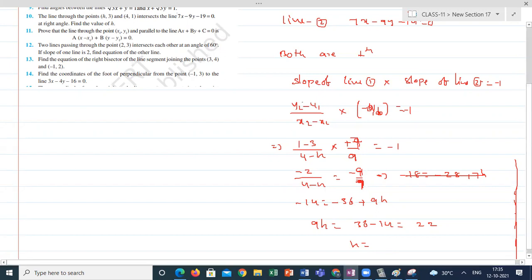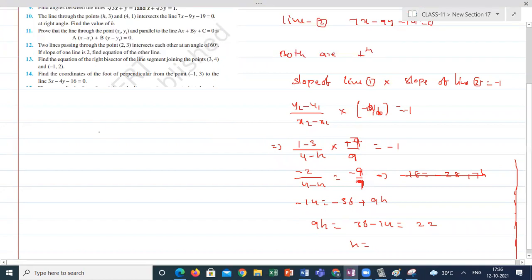Only one student is responding. What happened to the others? Harshida, Hamsini, Nitin? Sir, I'm still getting the same. Check where it is: 1 minus 3 by 4 minus h slope. Correct? Into what is the slope of the second line? 7 by 9 only, no? Raghav, please.